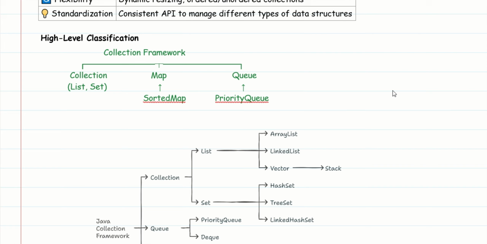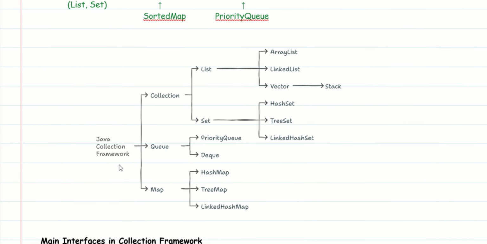Map is not a child of the Collection interface, and both can be used with generics or independently without generics. We can't use any primitives like int, float or double with generics, and generics should be any object type.